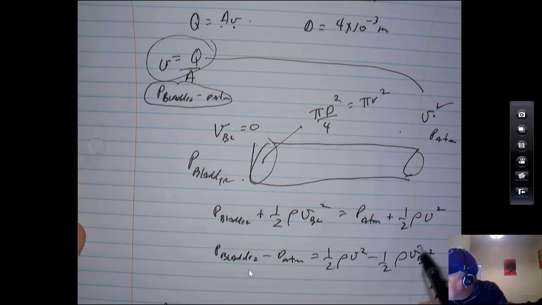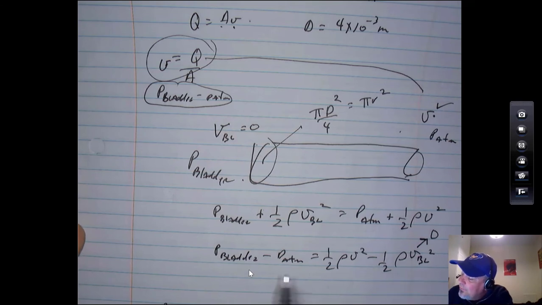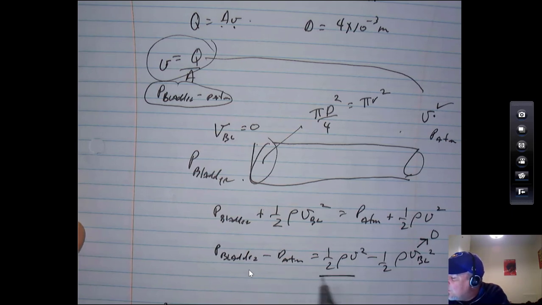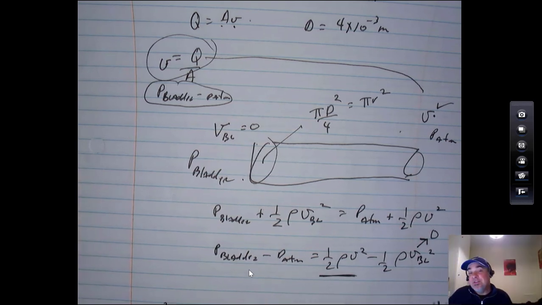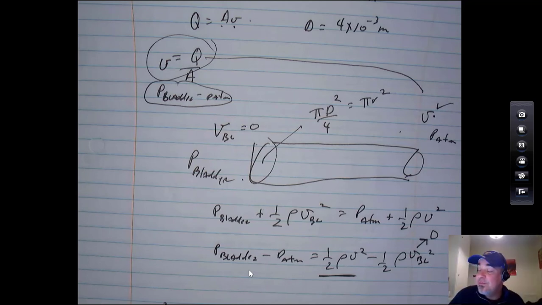And they tell you that this starts from rest, so that term goes away. So after all that, the bladder pressure minus atmospheric pressure turns out to be 1/2 rho v squared. Again, they say model this as being water, and the v comes from the first part. It's actually more complicated than this. It's not completely just reliant on differences in pressure. There's more going on physically, but this is a good place to start to figure out that difference in pressure.